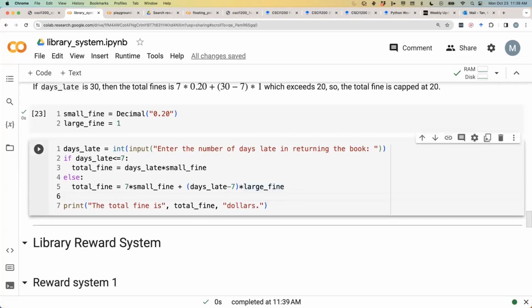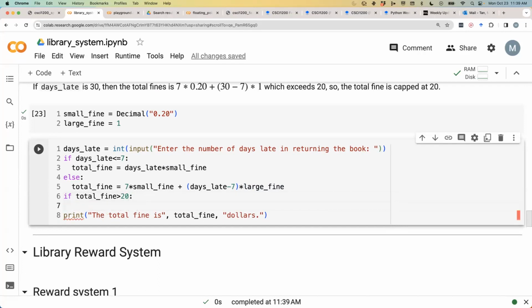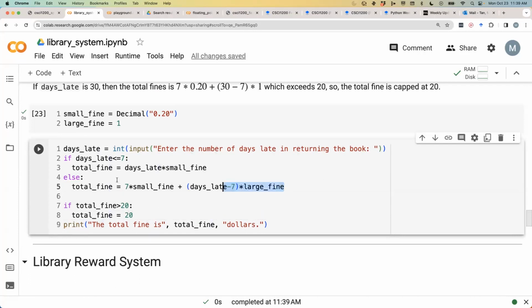There are multiple options. Say if total fine is more than 20, then you reset total fine to just 20. If the total fine that you calculated exceeds $20, then we don't charge the user more than $20. The total fine is still kept at $20.